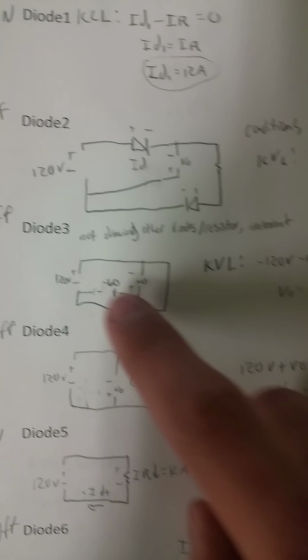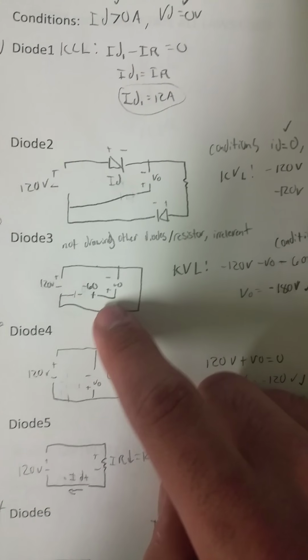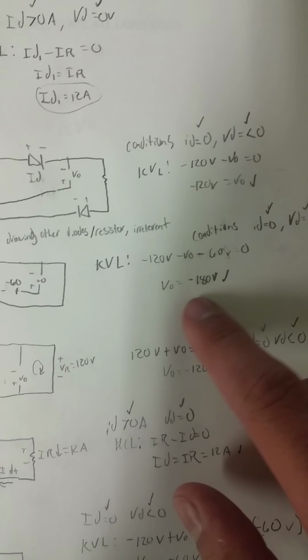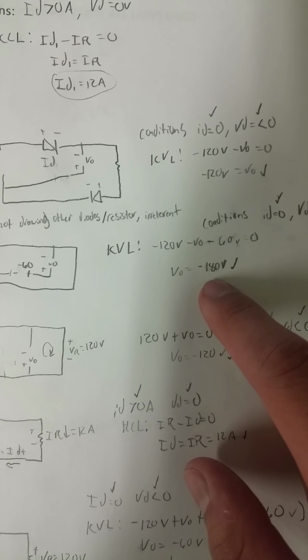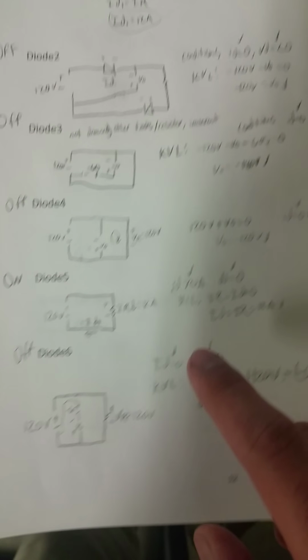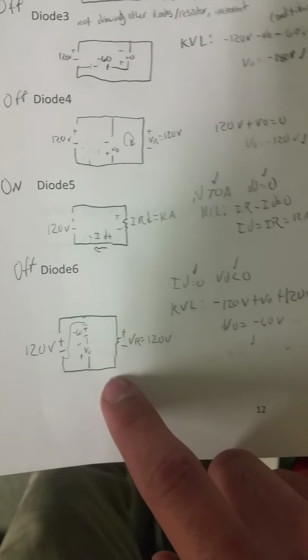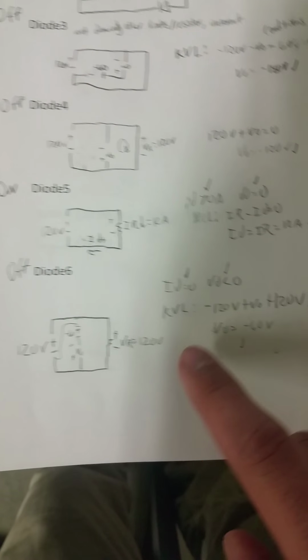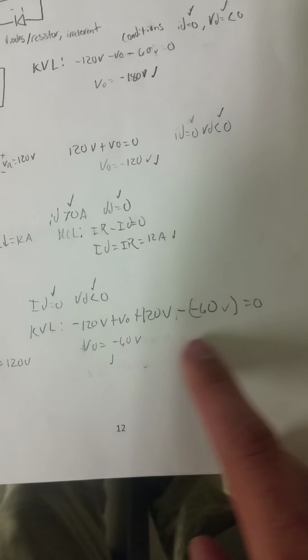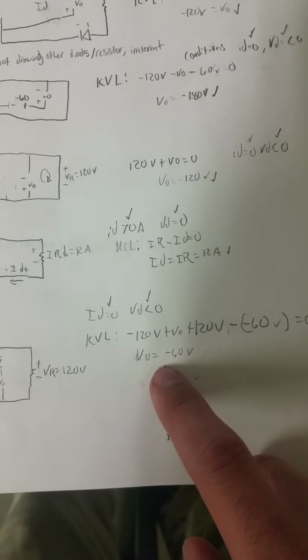That negative 60 wasn't quite important over here because either way you get negative 180 volts or negative 60 volts. But here it's important. So you can see my loop. There's the KVL. We get negative 60 volts.